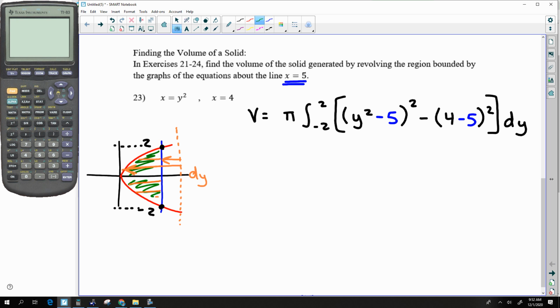Okay, so let's do some math here. This is going to be what? y to the 4th minus 10y squared plus 25. And this is going to be minus -1 squared, so 1. So this is going to be y to the 4th minus 10y squared plus 24, right there.